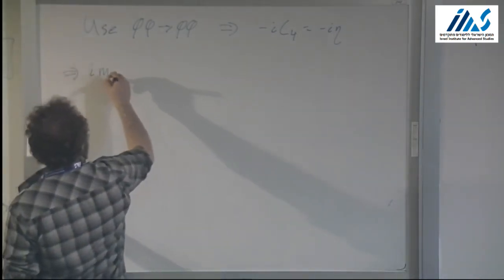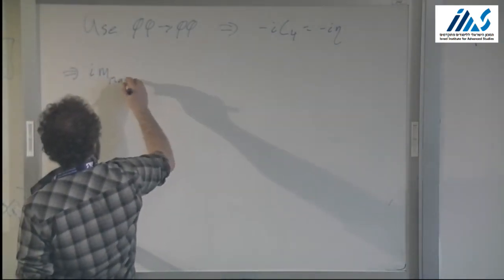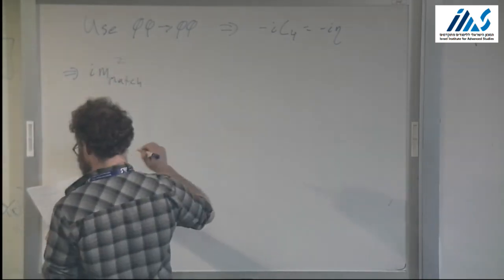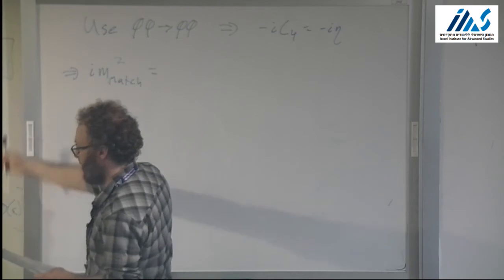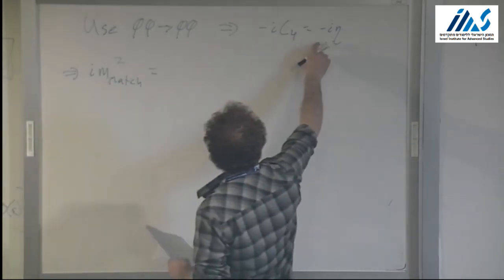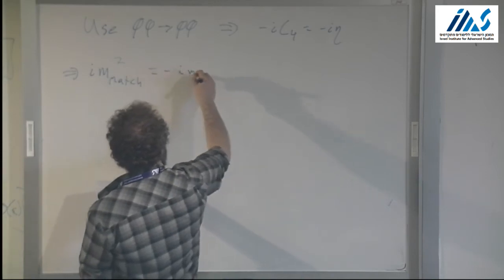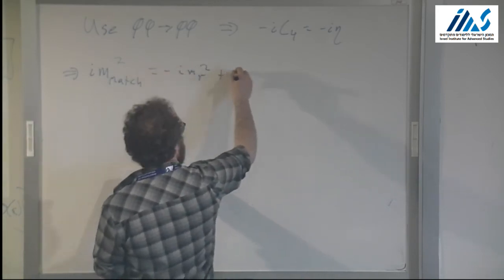And so my i A match, which is just coming from this mismatch between these two, is simply the difference between these two calculations, but with this tree-level condition. And so I get minus i m r squared plus i eta.